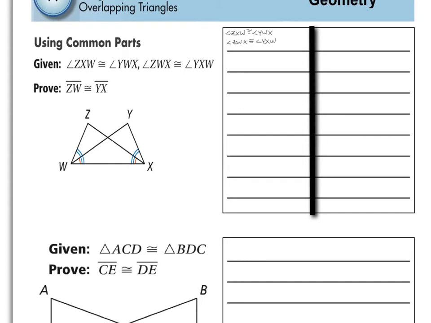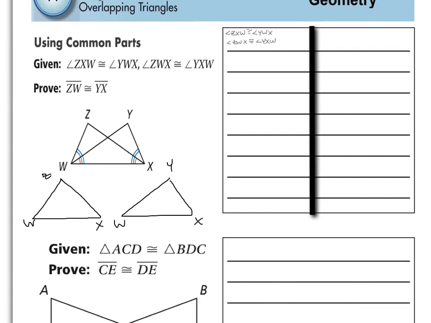Now, it's going to help you see that if you separate the big triangles here, we have Z, W, and X, and we have Y, W, and X. This is Y, W, and X, and this is Z, W, and X here. Again, the key is to separate your triangles and then go ahead and mark them.